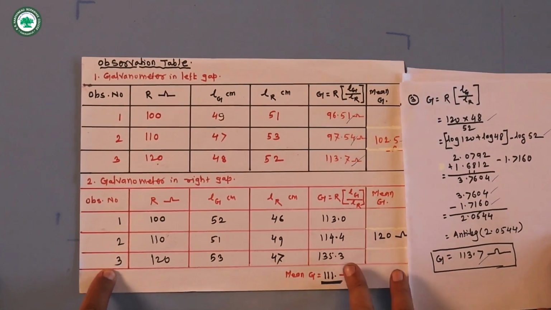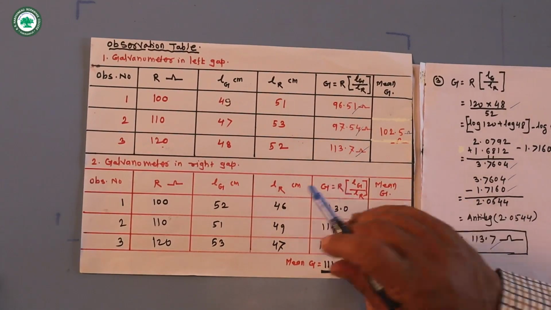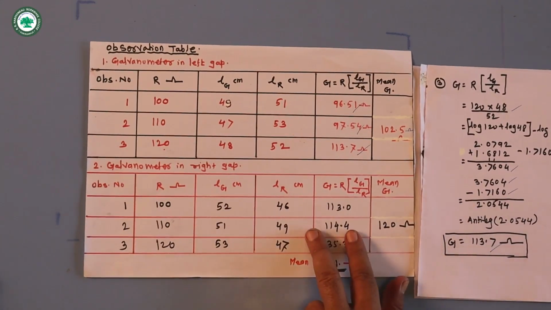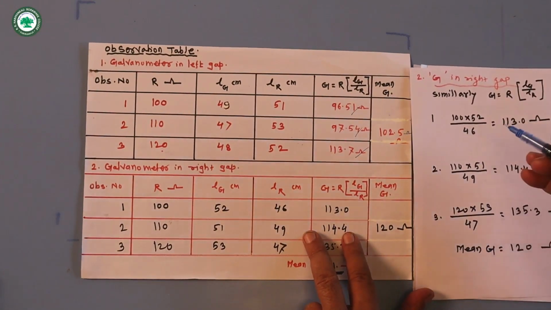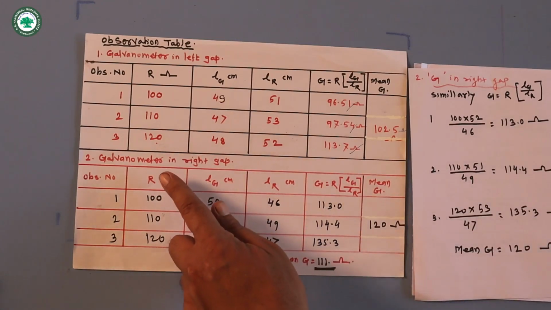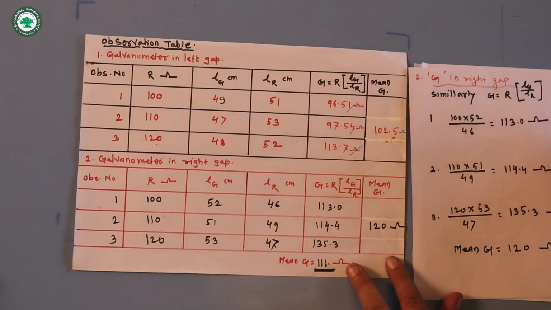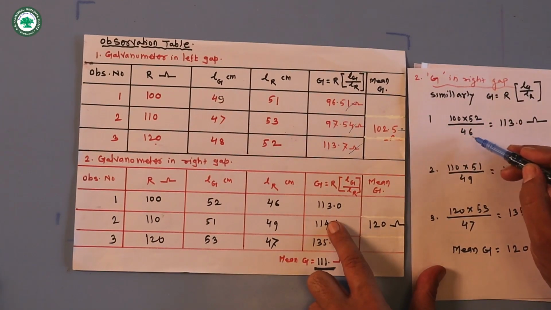Okay. Now again in the same way make calculations for where galvanometer is in a right gap, and similarly we make the calculations for these 3 values, that is G in a right gap. Now this value is, see here, 100 into 52, 46.